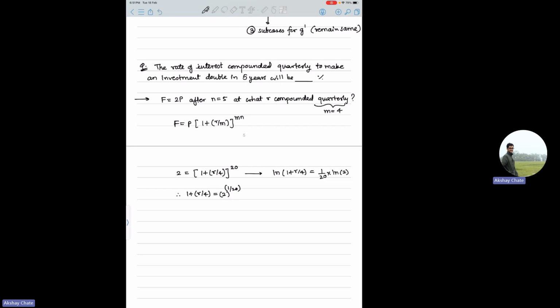I think it is 0.693 if I am not wrong. Let me just confirm. Yes, 0.693. If you divide it by 20, that is 0.0346. Then you have to take the exponential of this.